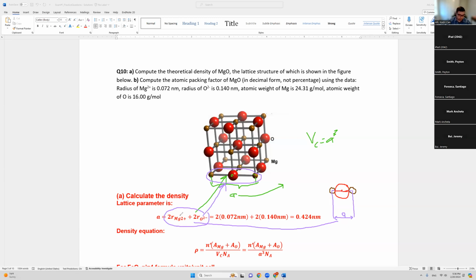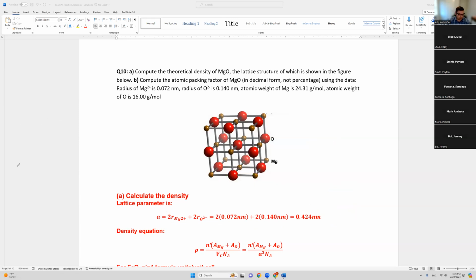So A is equal to 2R magnesium plus 2R oxygen. So A we find out as 0.424 nanometers. The rest is very similar to what we have done before.